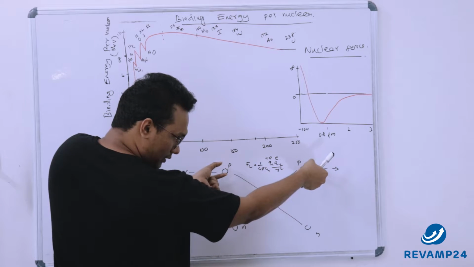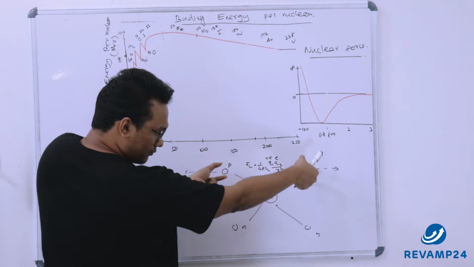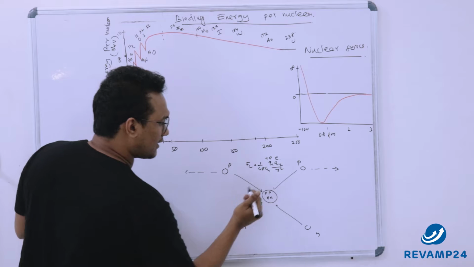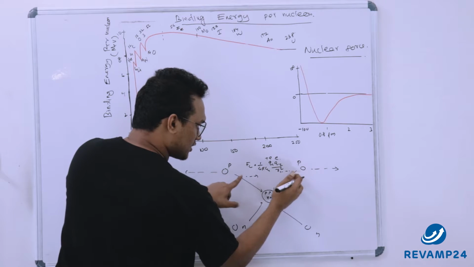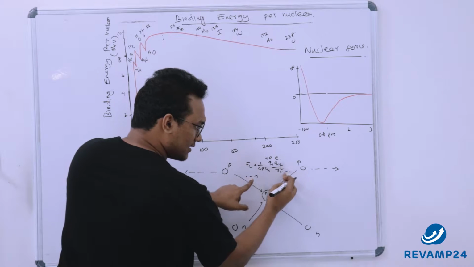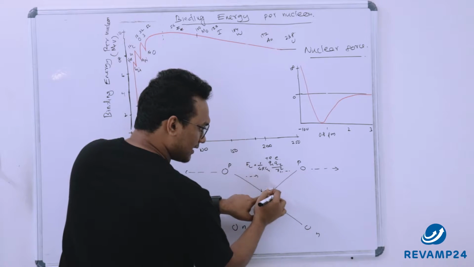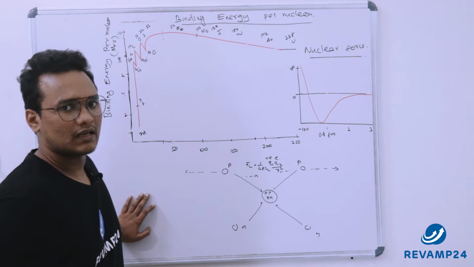Whenever protons come towards each other, the distance decreases. Now it is r, the next moment r1, which is less than the initial distance, then again less, and finally a very small length.